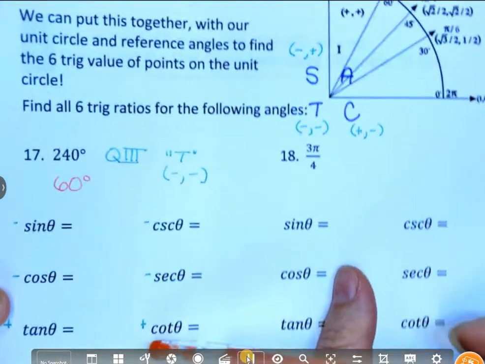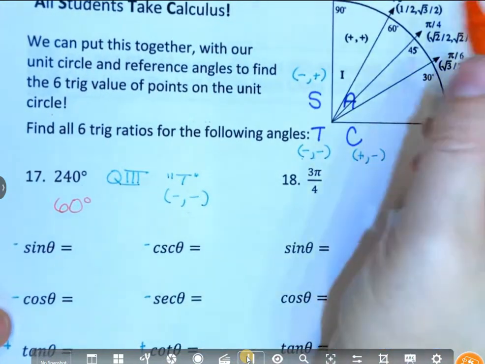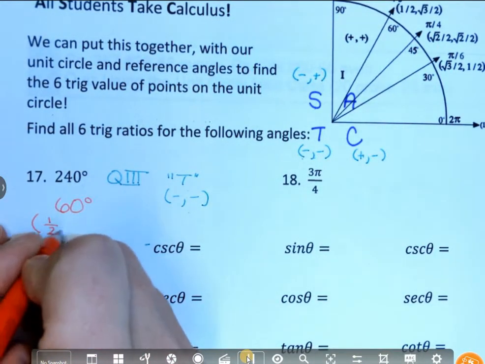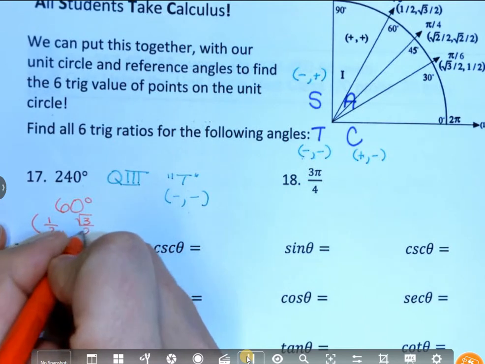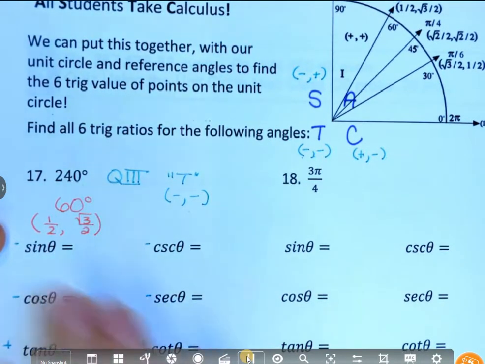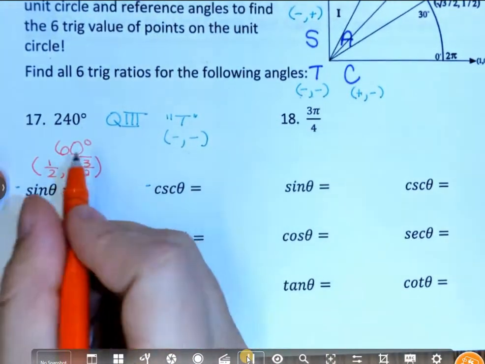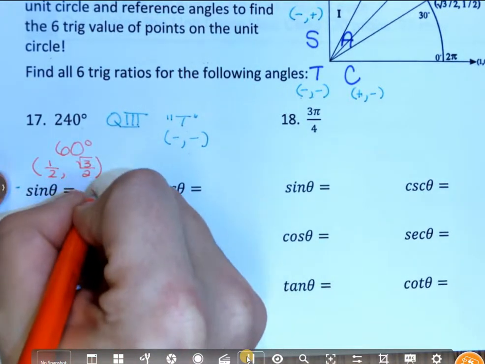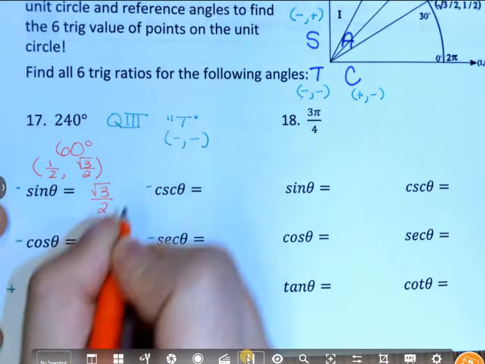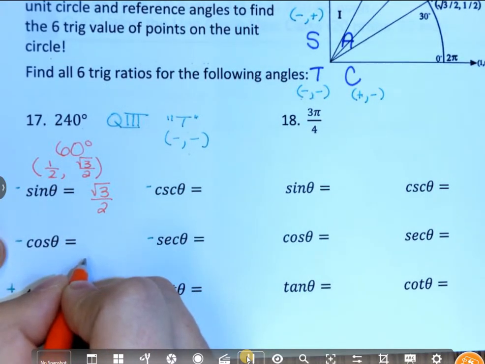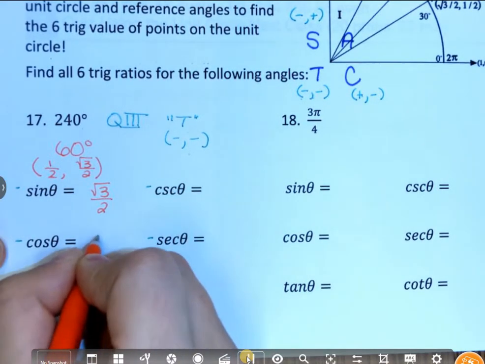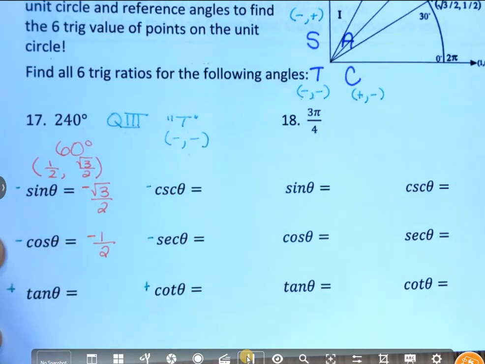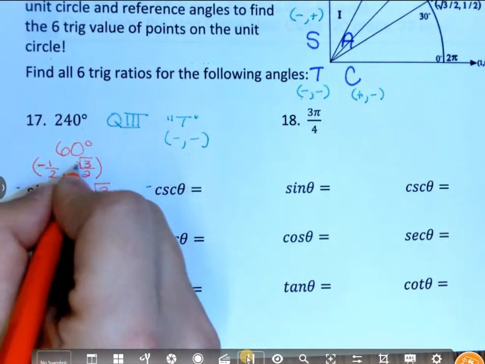So that means if I know my first quadrant, I know at 60, my coordinate is 1/2, √3/2. Sine is the y. Cosine is the x.